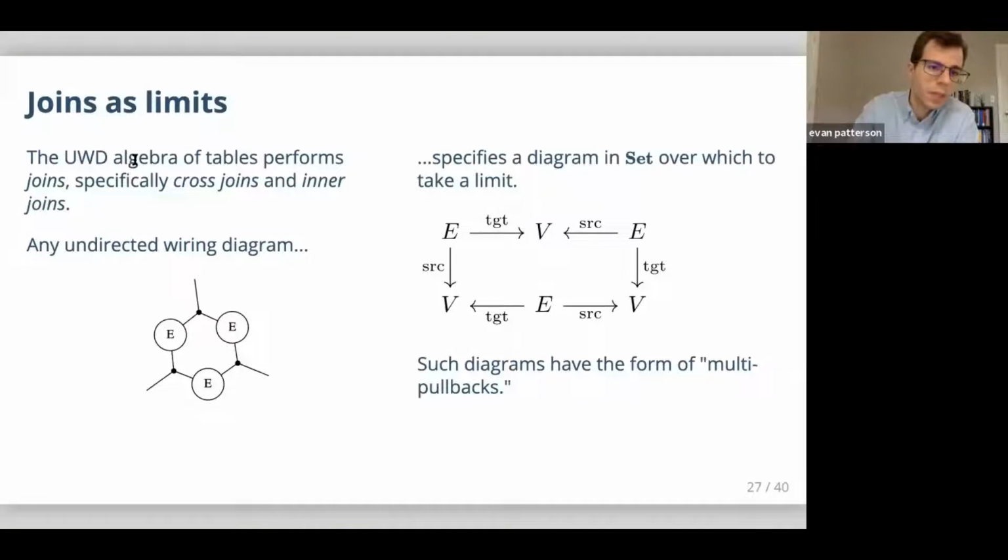So specifically, this UWD algebra performs what in database jargon are called cross joins and inner joins, both encompassed by this.